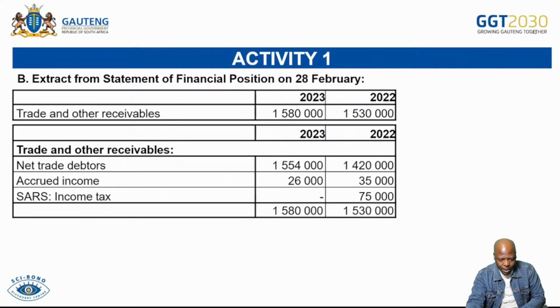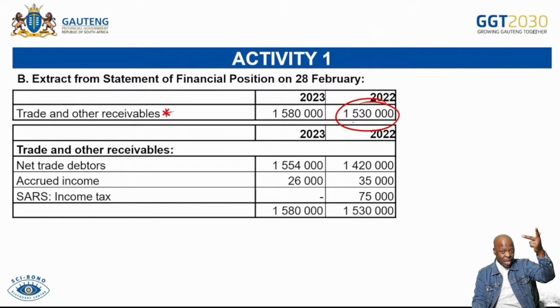Receivables. So I'm coming to my trade and other receivables. Now, when you are doing your receivables, you have to be very careful in this case. You have to look at what the examiner has given you. Because at times you can be given this amount, which is an extract of the current assets. Under your current assets, remember, you have your inventory, receivables, cash and cash equivalents.